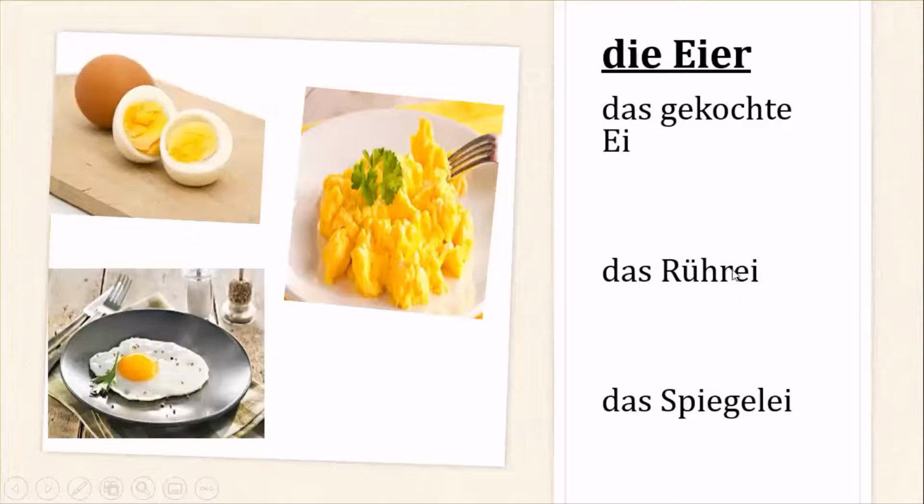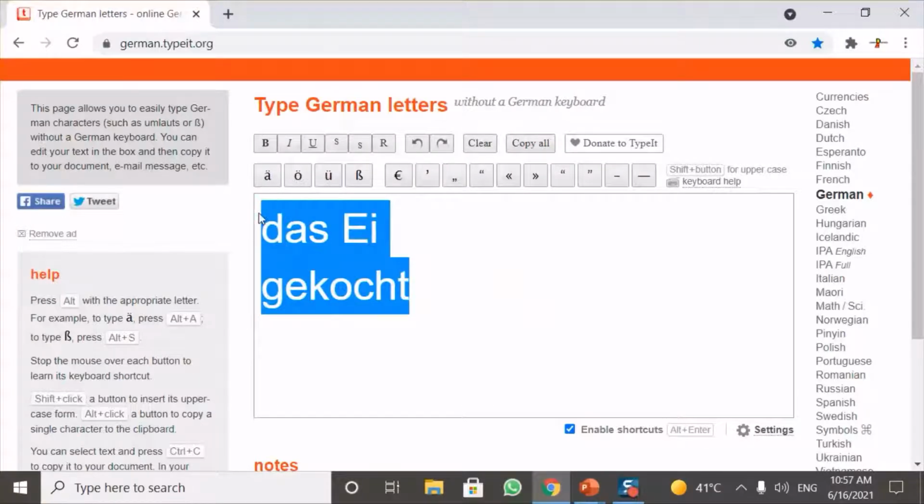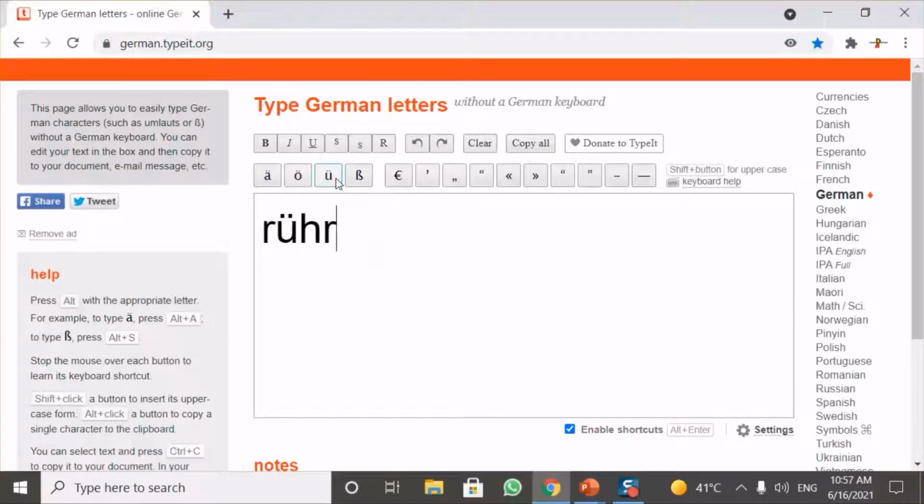And the verb is rühren. Rühren means to stir or to beat an egg. So this is how you can remember that from this verb, the four-letter part has been used in the noun.